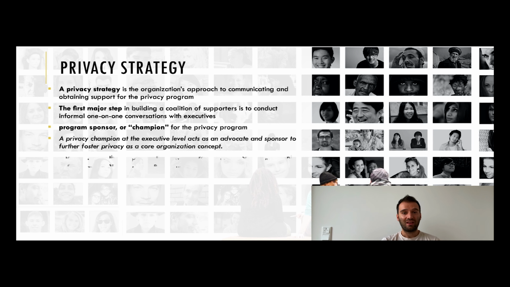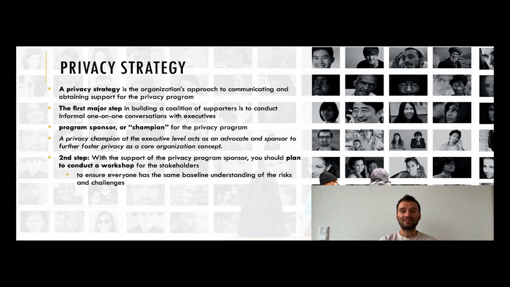The second step, with the support of the privacy program sponsor, you should plan to conduct a workshop for the stakeholders who will support efforts to develop and launch a privacy program. This is an opportunity to ensure everyone has the same baseline understanding of the risks and challenges the organization faces, the data privacy obligations that are imposed on it, and the increasing expectations in the marketplace regarding the protection of personal information.